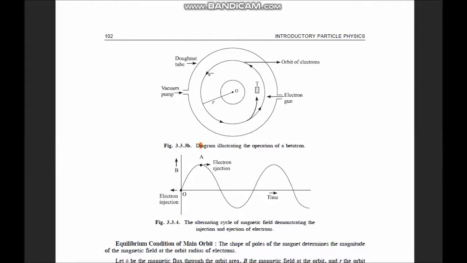Then basically we can see in this diagram that this is the donut shaped chamber, at the center of which there is the average field, and at the orbit there is a guiding field which keeps the electron moving along the circular path, which is the orbit of the electron.